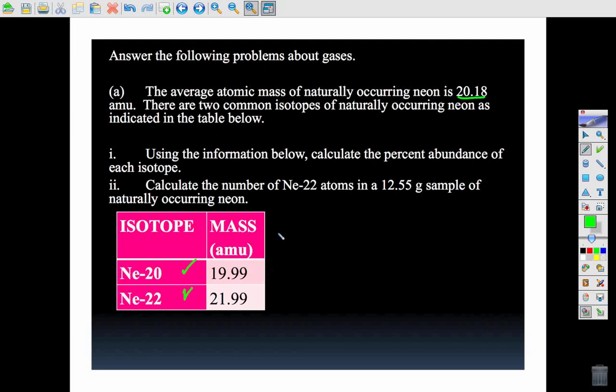In this case we don't know the fractions, so we'll put an X for this one and a Y for this one. We saw this and you had a homework on it, so I am hoping this is a review. So we take 19.99 times X plus 21.99 times Y, and that equals our average atomic mass.